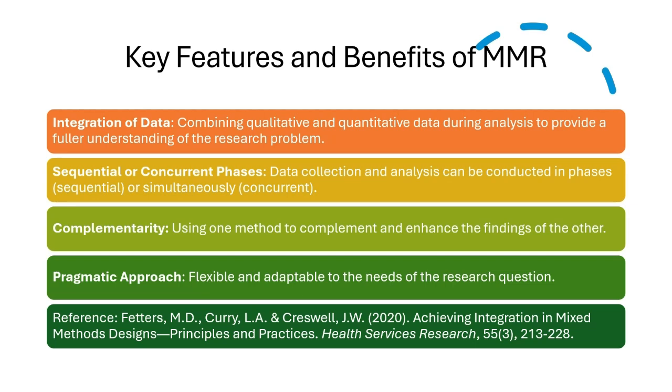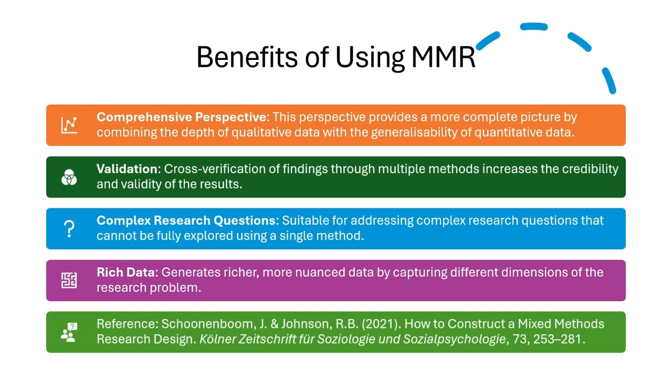So the benefits, therefore, of using mixed method research is that we have a comprehensive perspective, which provides a more complete picture by combining the depth of qualitative data with the generalizability of quantitative data. It also enhances the validation, because we can do a cross-verification of findings through multiple methods and increase the credibility and the validity of the results.